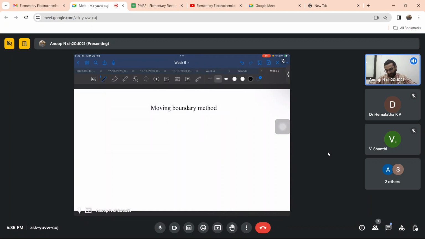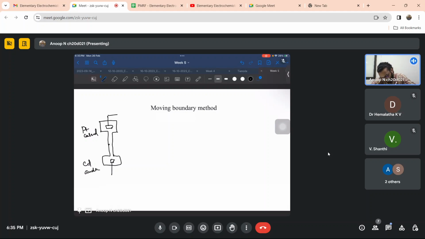Here, what does the setup look like? It was like this. You also have some setup like this. Here you have a platinum cathode, and here you have a cadmium anode.